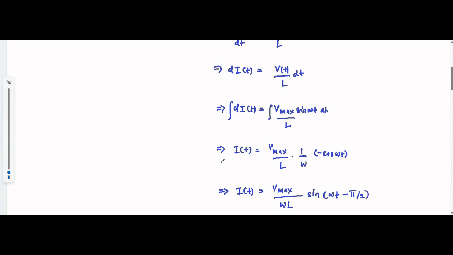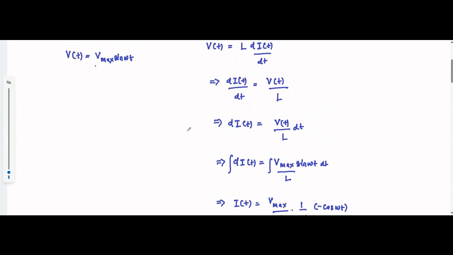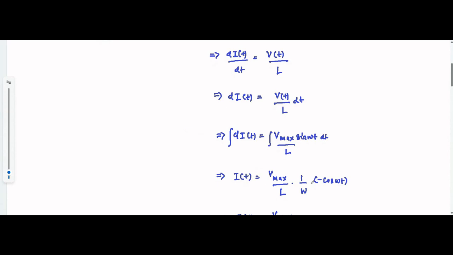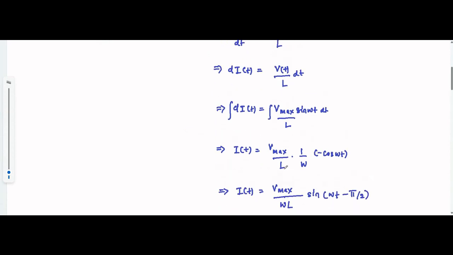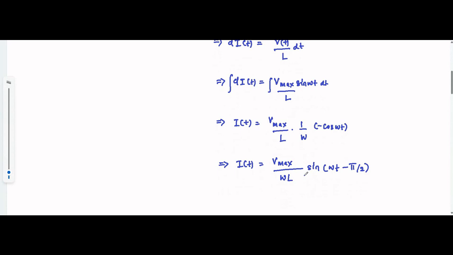Because we want to convert both the voltage and current expressions in terms of sine. So here we also did the same thing in our inductive circuits discussion, where the current lagged behind the voltage by pi by 2 radian or 90 degrees.